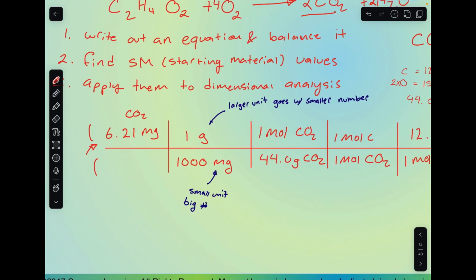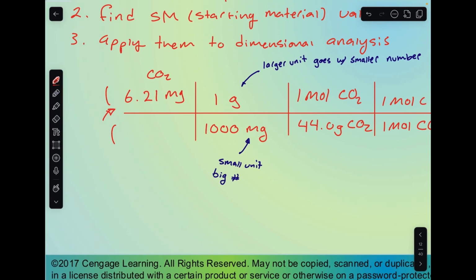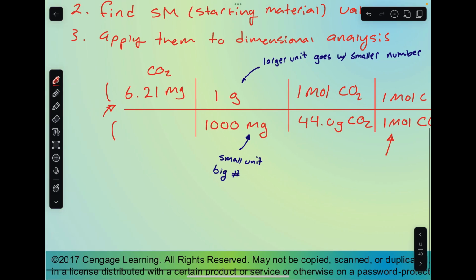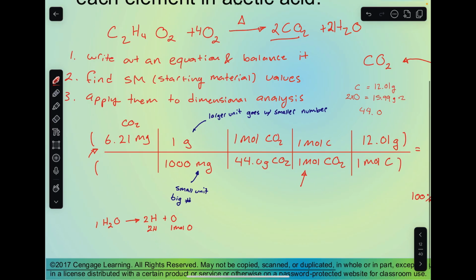When we're trying to determine the number of moles of hydrogen in water, we're going to do the exact same thing. We're going to say H2O goes to H plus O. So within 1 mole of H2O, there are 2 moles of hydrogen, and there's 1 mole of oxygen.